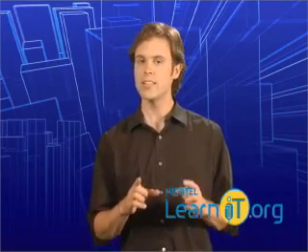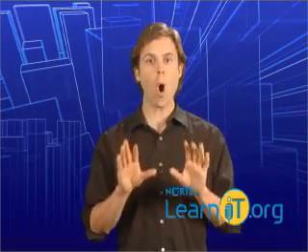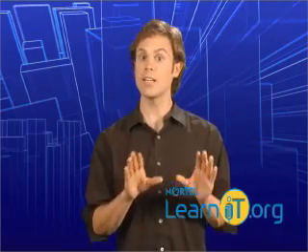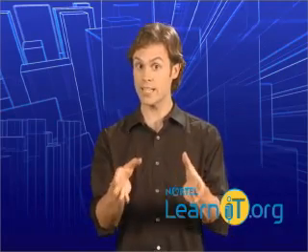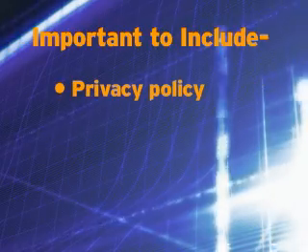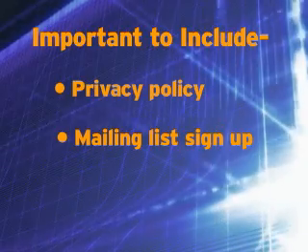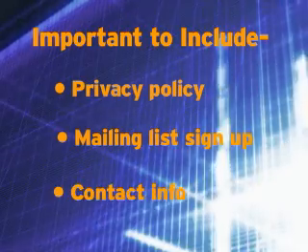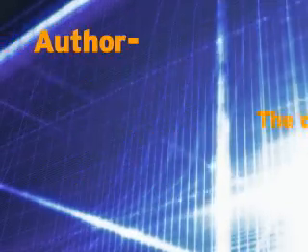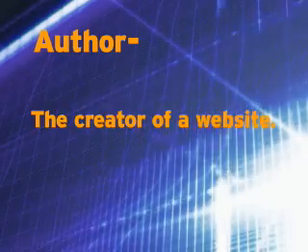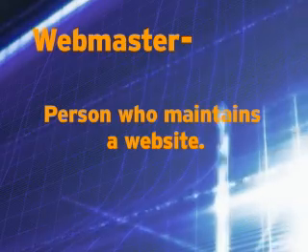However, there's some information that all sites should include that doesn't need to be front and center on your page. These are things like a note about your site's privacy policy, places to join mailing lists, and ways to contact the creator, called the author, and the person who keeps the site working, called the webmaster.